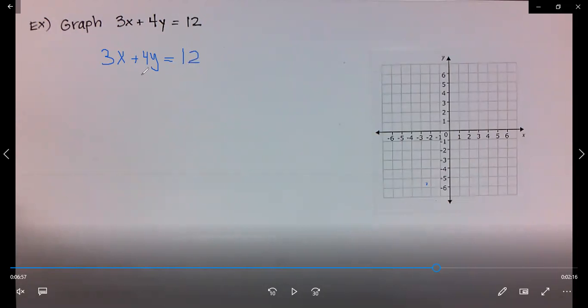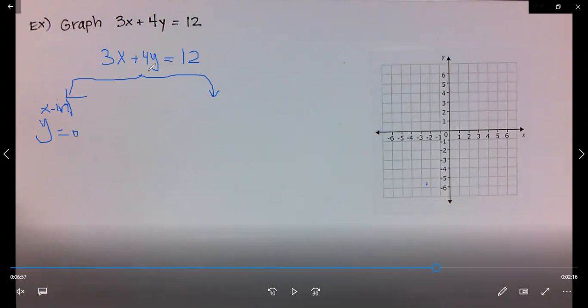We can study this one by two cases. We will find the x-intercept, which means y equals 0.